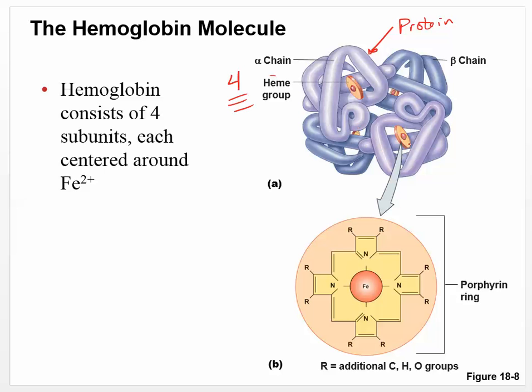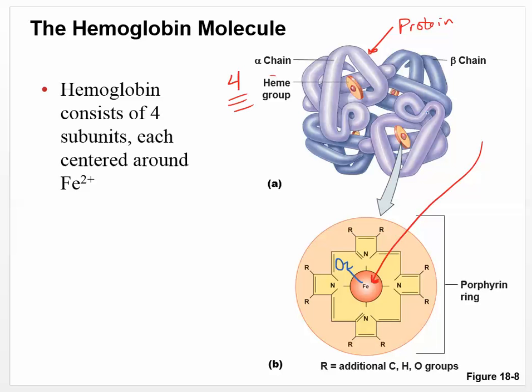In the middle of each of these heme groups that are being held by this globular protein sits an iron. And guess what that iron does? That iron binds to one oxygen molecule each.